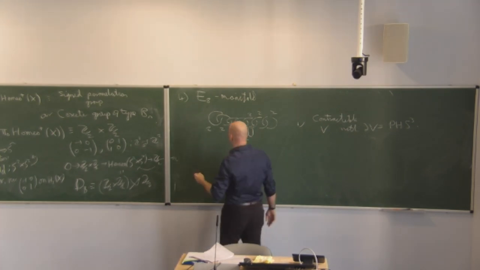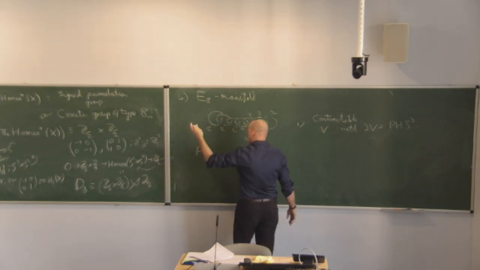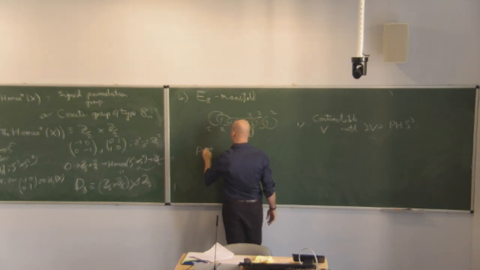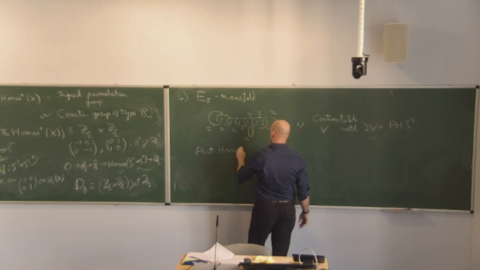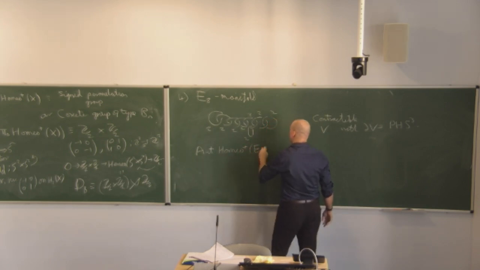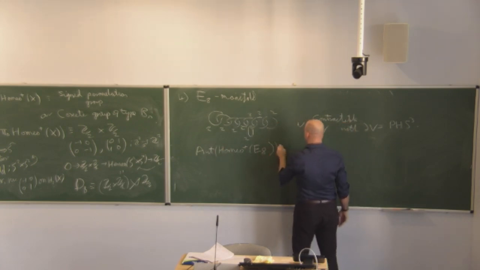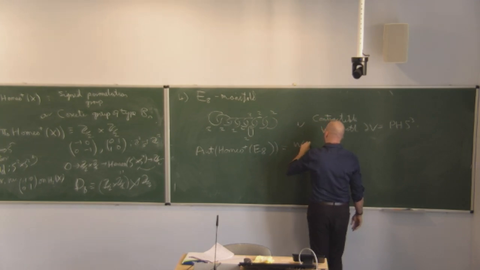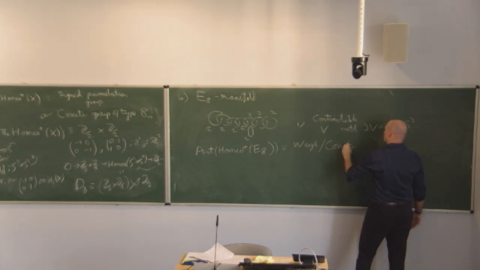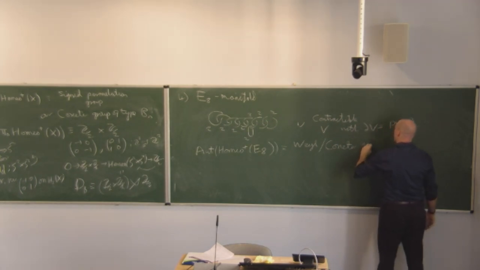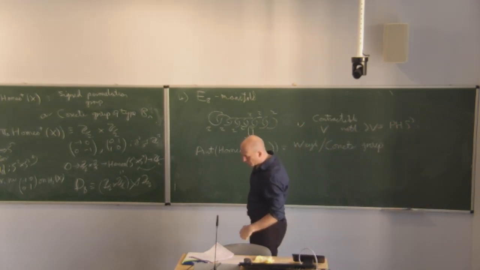And again, this has non-zero signature, so you're only going to look at the orientation preserving ones. I call the manifold E8 as well, and this is sometimes called a Weyl group or the Coxeter group. This is a very complicated group, the automorphisms of this form, but it's also one that people have studied a lot.